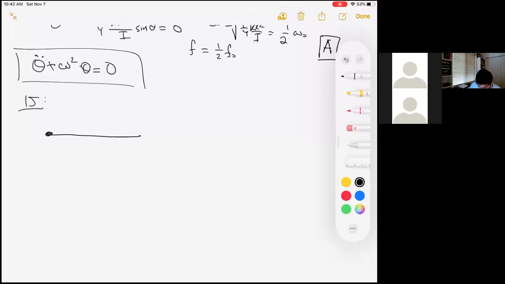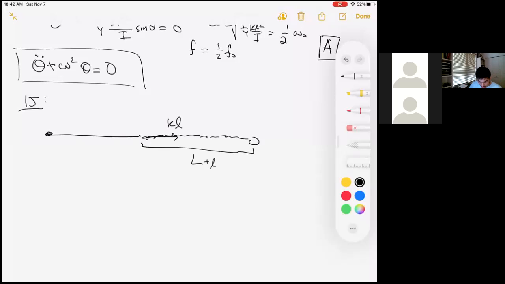Again, the same rod, but now the post is very far away and it's L. Sorry, I'm mistaken. This is L plus L. So the spring already has a force of KL pointing in this direction. And now we modulate the angle of the rod and see what happens.